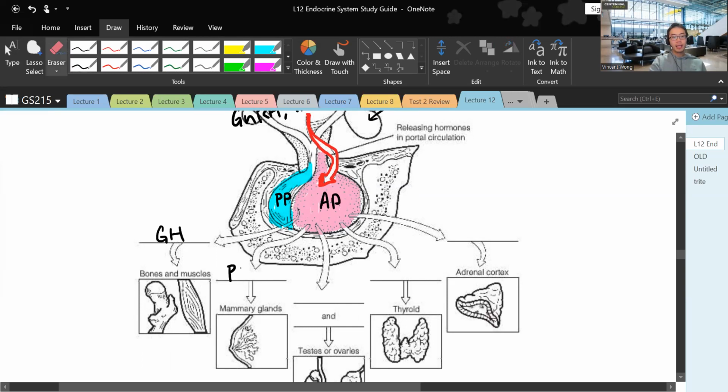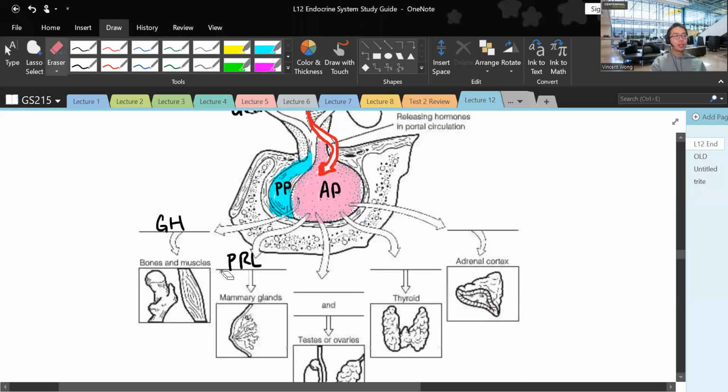Lactation, right? That means producing milk. So prolactin is responsible for lactation. PRL. Don't confuse PRL with oxytocin. Oxytocin comes from the posterior pituitary, which helps the milk come out. Okay, to make the milk, we need to have the PRL.